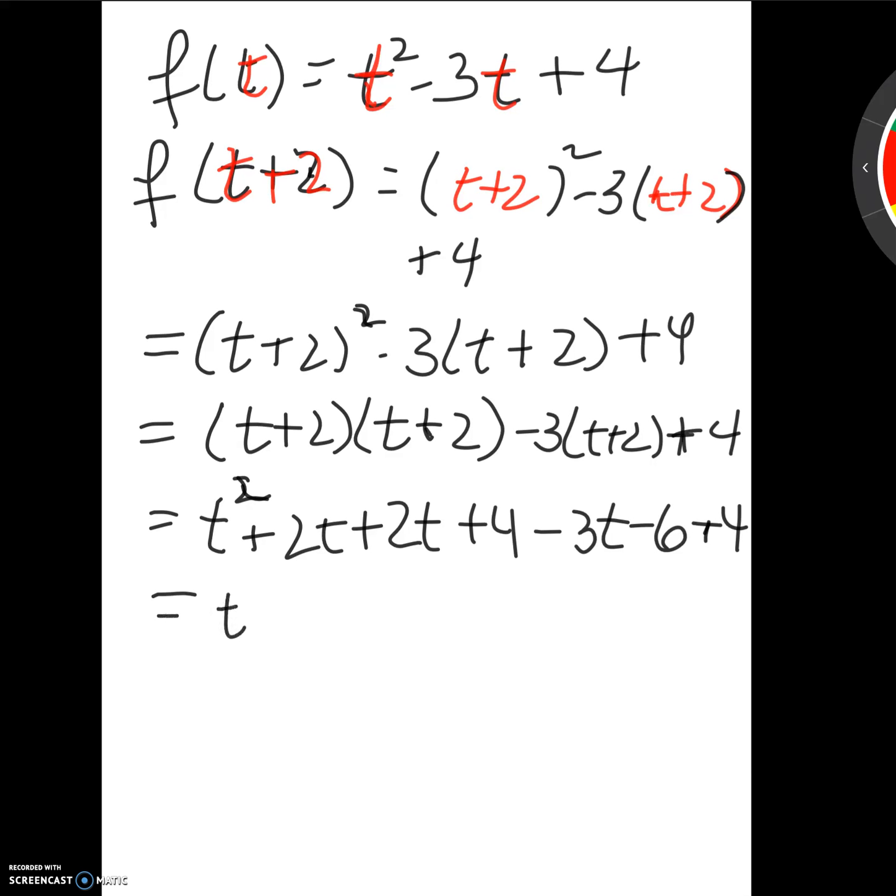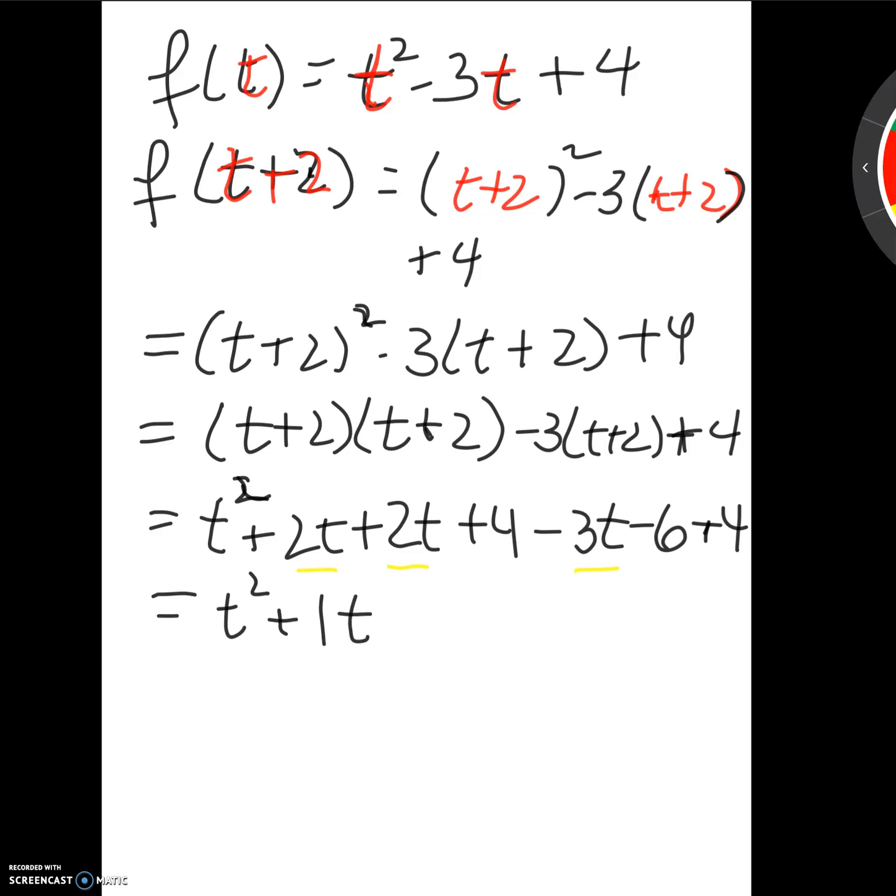So I have t squared, no other square terms. In terms of any t terms that I may have, I have t terms here, I have t terms here, I have t terms here. So combining all those t terms together, we have 2t plus 2t, which gives us 4t, minus 3t is 1t. So you don't have to write the 1, but we can write the 1 just to be consistent.